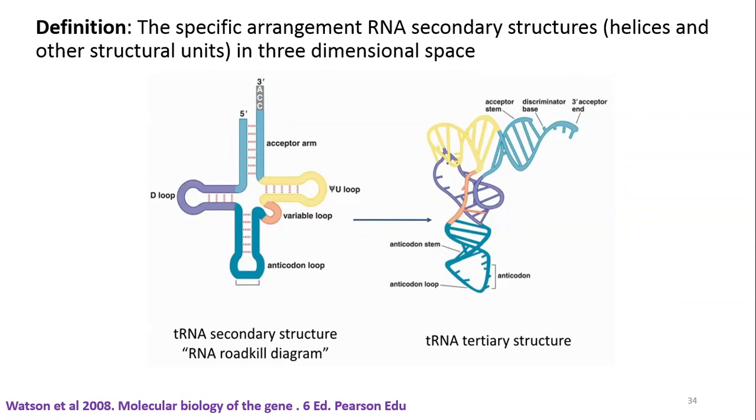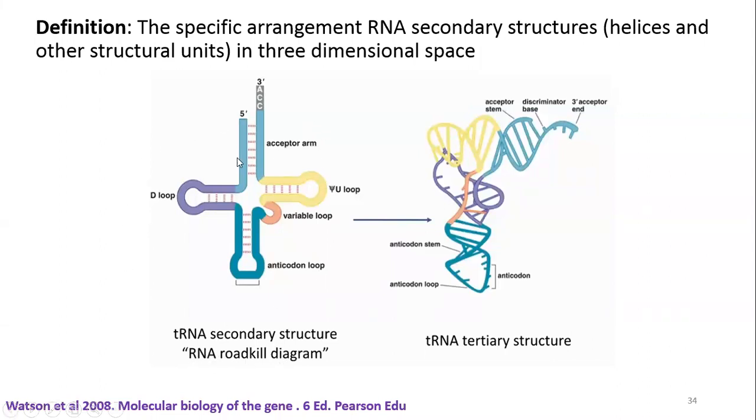So it gets flattened, similar to a dead animal that appears flattened on the road. That is why it is called the tRNA secondary structure, or the tRNA roadkill diagram.